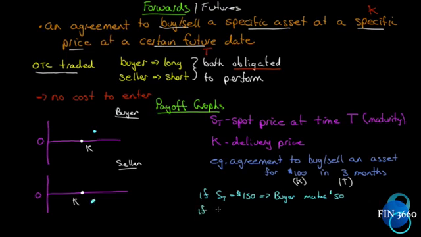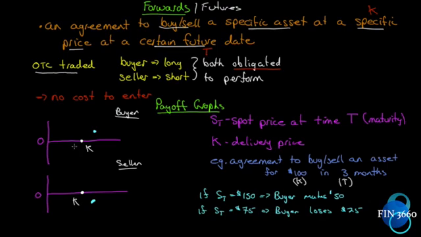Well, if the spot price at time T is $75, the buyer loses $25, don't they? Because they still must perform. They're obligated to buy it for $100.